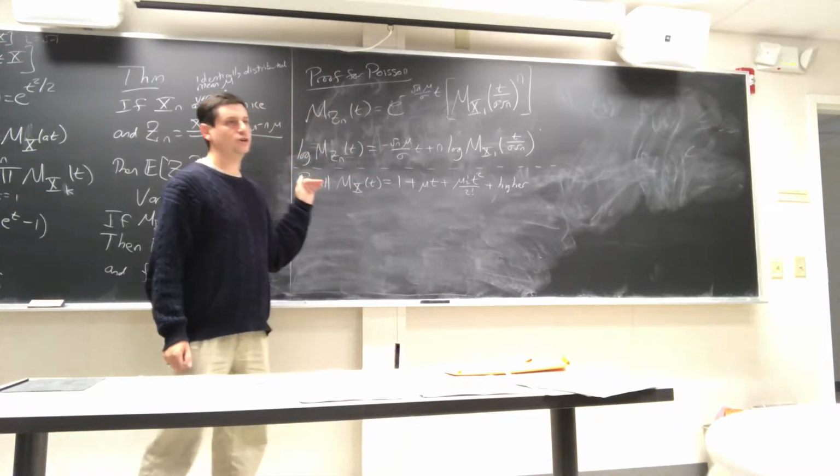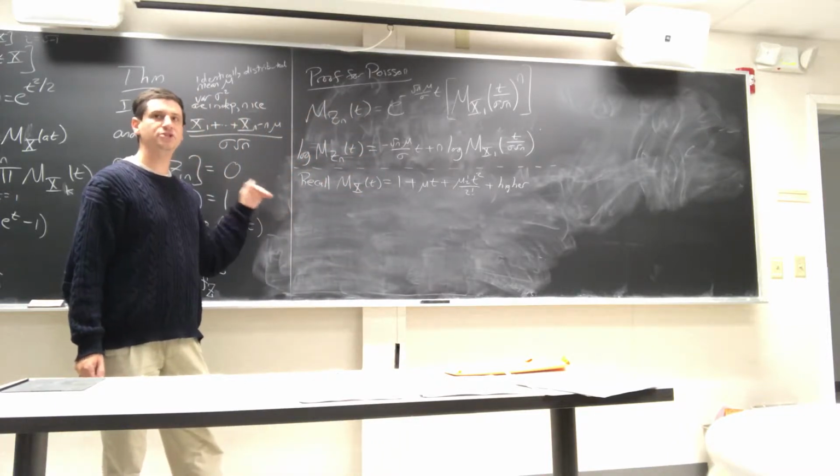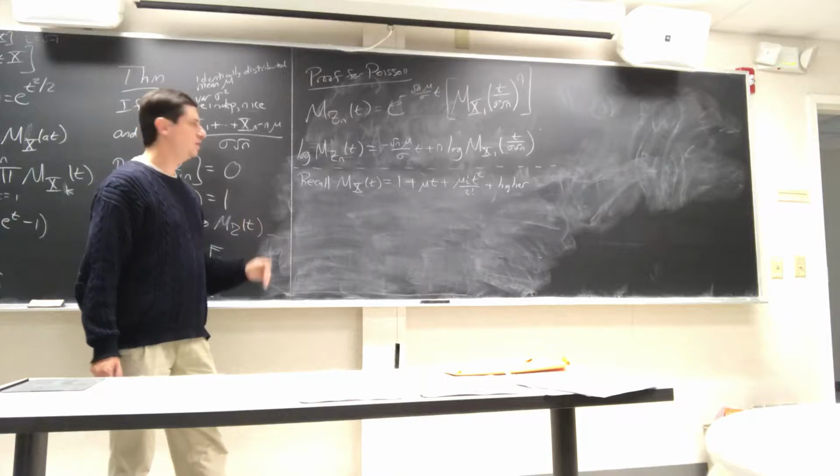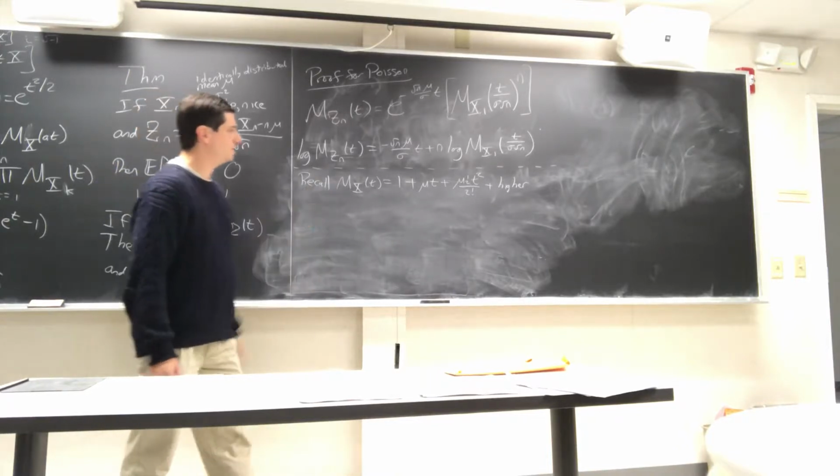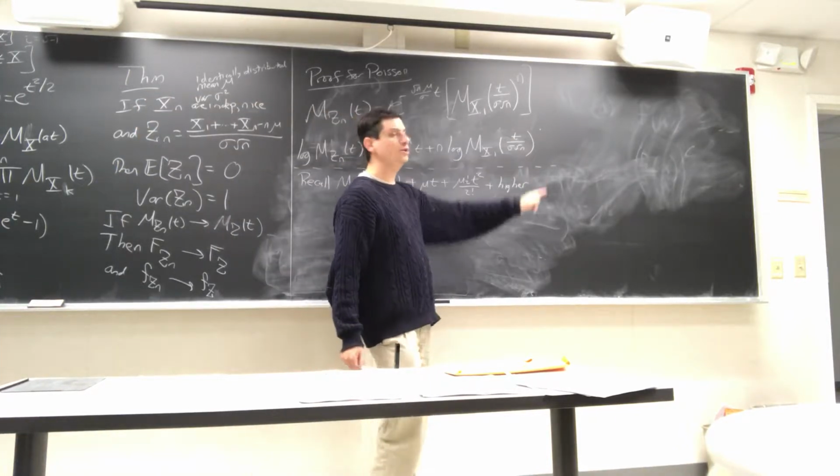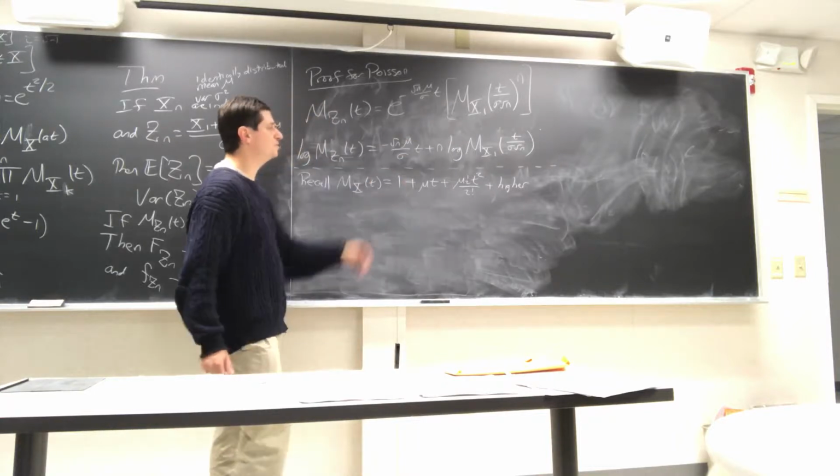Whenever you have long, complicated algebra, it's best to do it in stages and steps. Here's my moment generating function. Now, let's evaluate it at t over sigma squared of n before we jump to the logarithm.